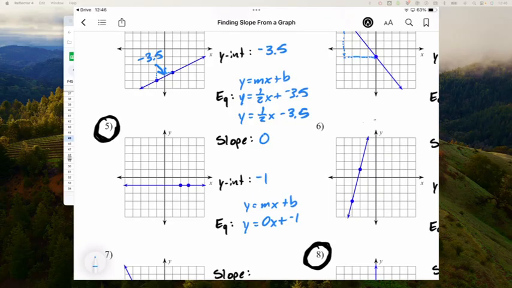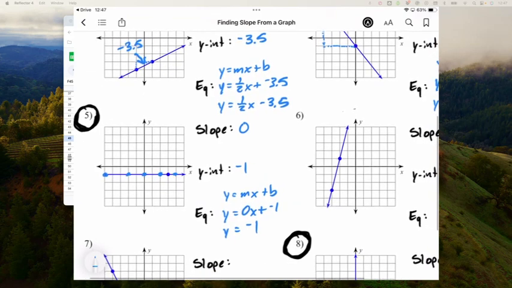Anything times 0 is 0, so that 0x is just going to go away, and the plus -1 will turn into a -1. So this equation is simply y equals -1. What that means is it doesn't matter what the x value is. It could be over here, could be on the y-axis, could be over here. It doesn't matter where I put a point. The y value is always going to be -1.